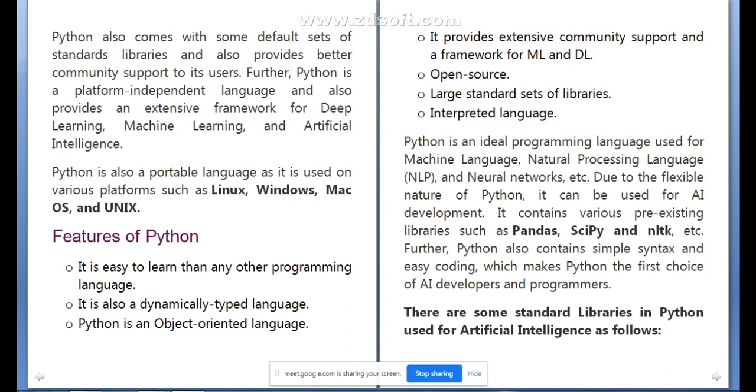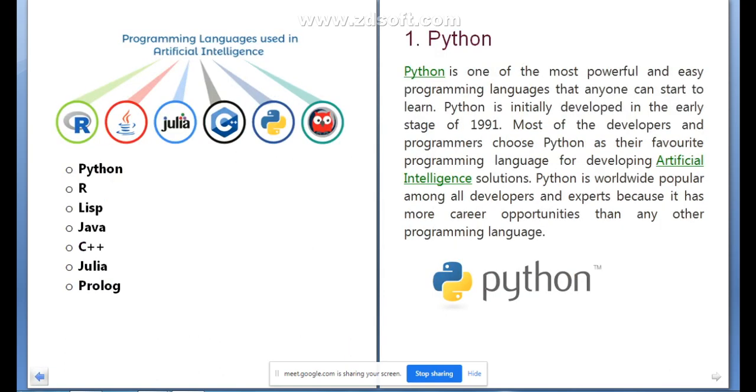So some of the features of Python. क्या है फीचर्स, कौन बताएगा मुझे? क्या क्या फीचर्स है?